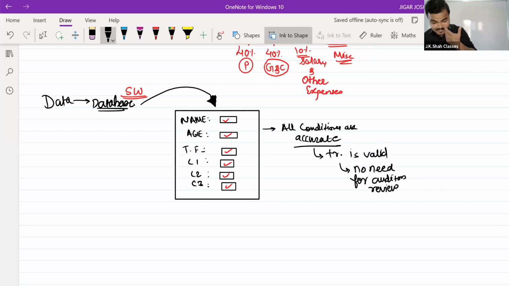But suppose there could be a situation where name, age, and ticket fare are matching, but one condition is not matching, or more than one condition is not matching.